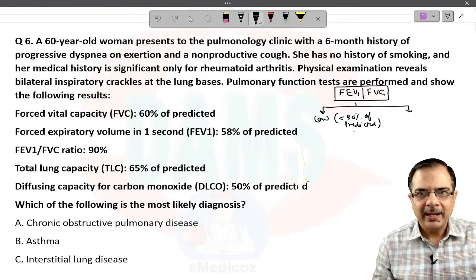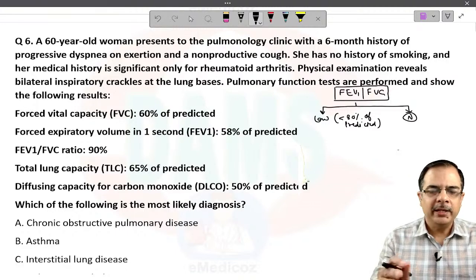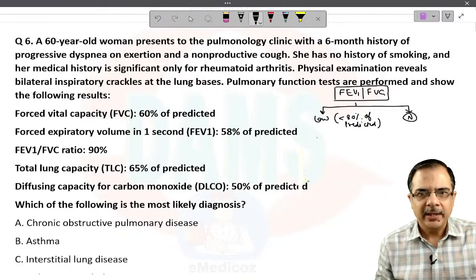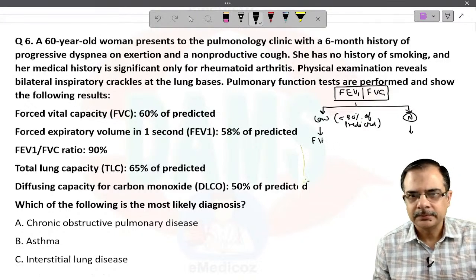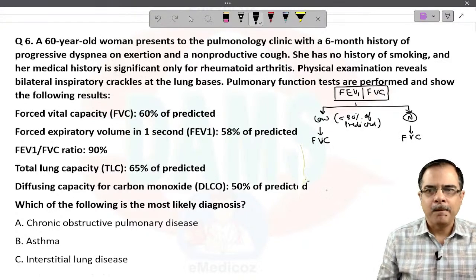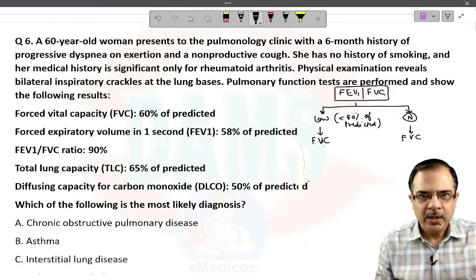Predicted value means the normal standard value for that age and gender. And then look at the value of FVC.